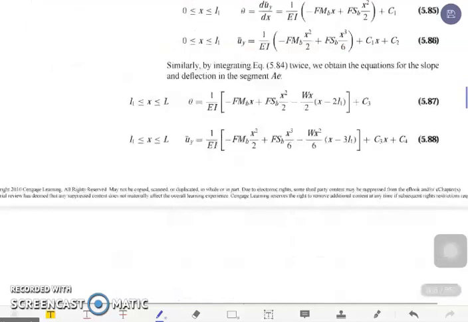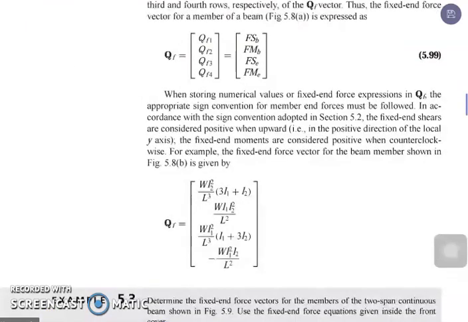And for this one, if we're going to have our equivalent values in matrix form, if we're going to identify the value for Q sub F, that is equivalent to, as mentioned, four member fixed end forces in the local coordinate system for every member. So you have here Q sub F sub 1, Q sub F sub 2, Q sub F sub 3, and Q sub F sub 4.